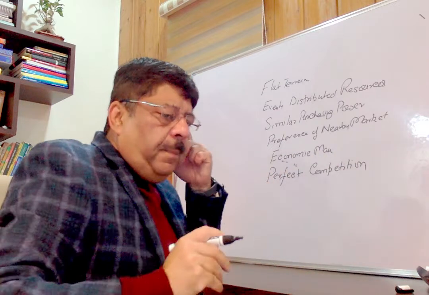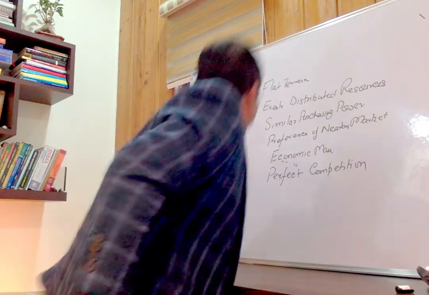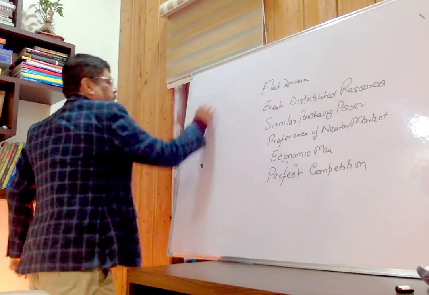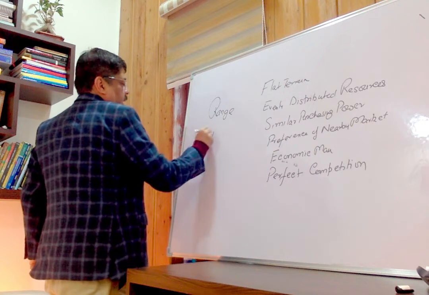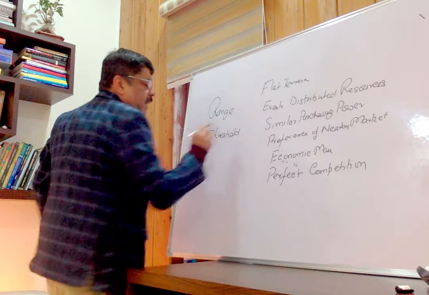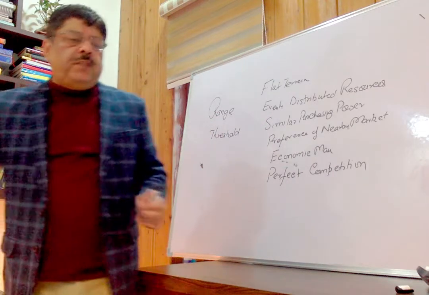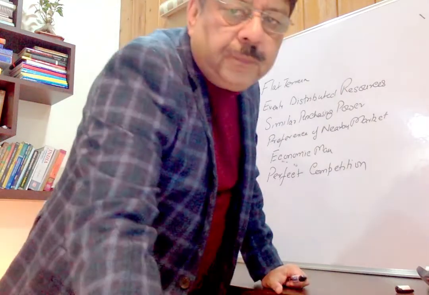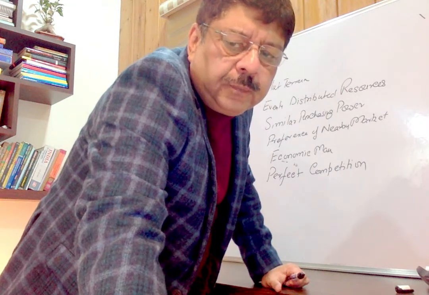And Christaller based his model theory on range and threshold. What is range and what is threshold? Can you tell me about it?